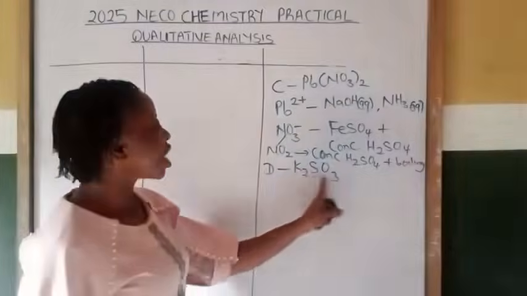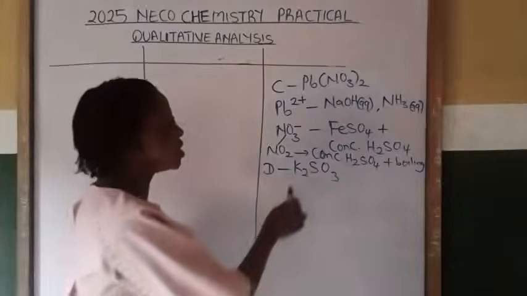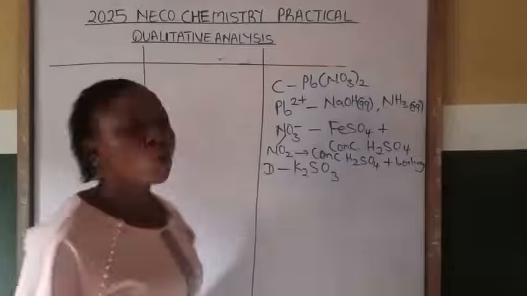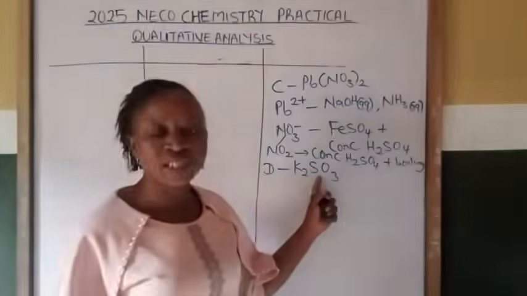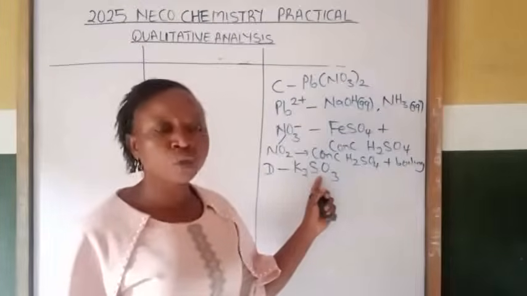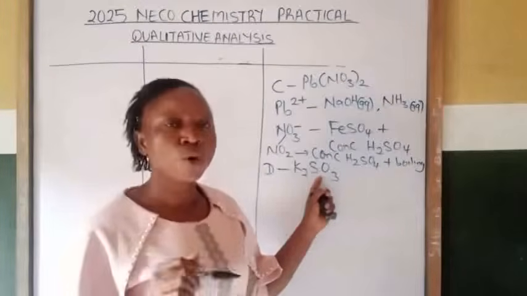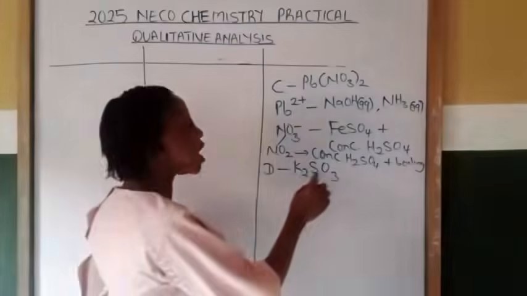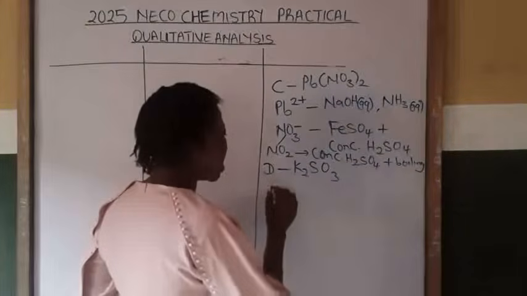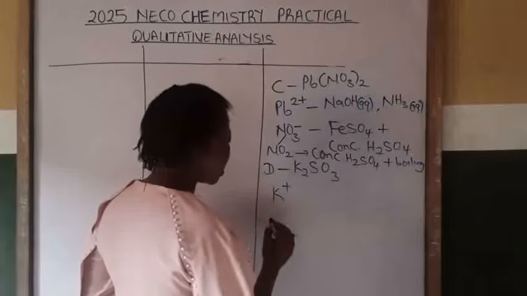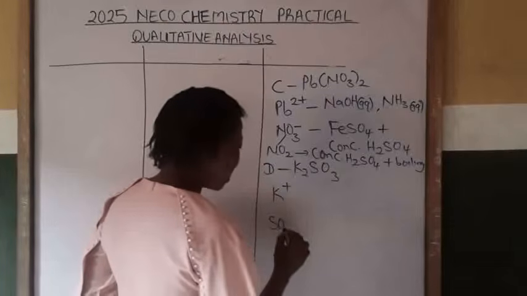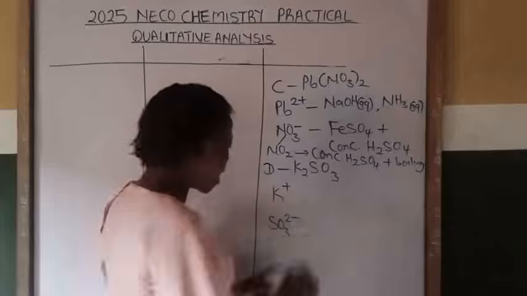So let's look at the second sample. The second sample is also a white crystalline solid. That is, potassium trioxosulfate(IV) is a white crystalline solid which is soluble in water. So when potassium trioxosulfate(IV) dissolves in water, it will dissociate to potassium ion and SO3 2- ion.